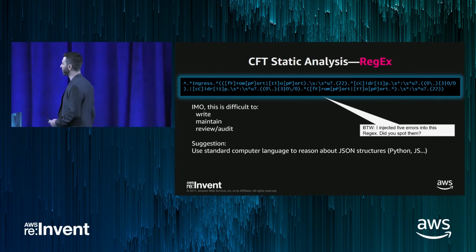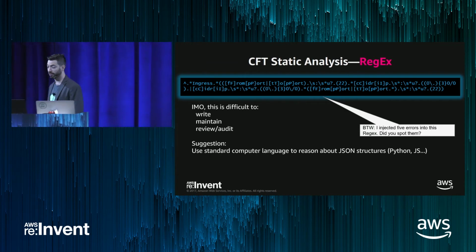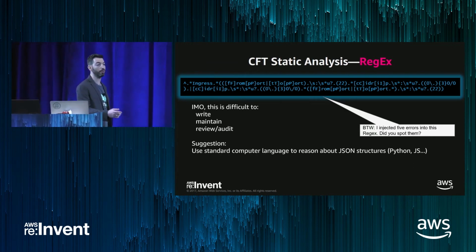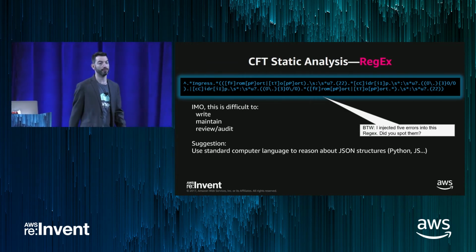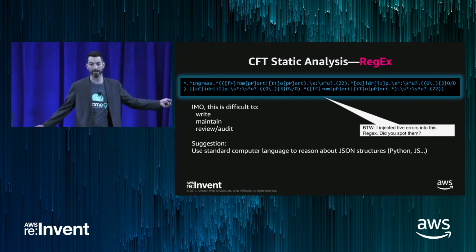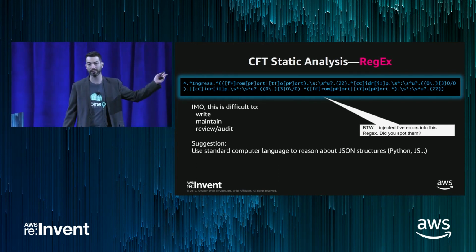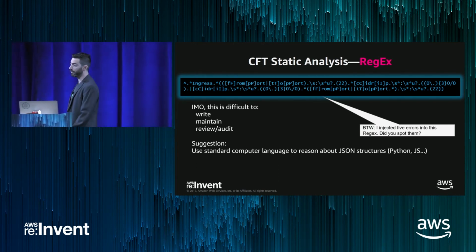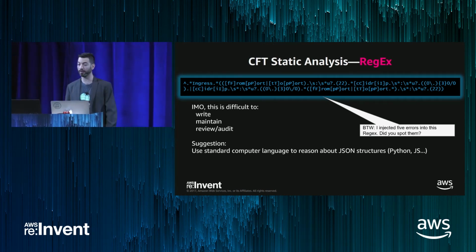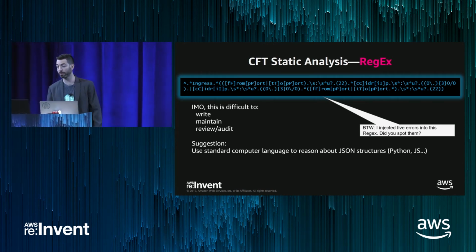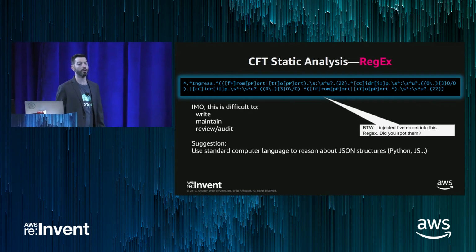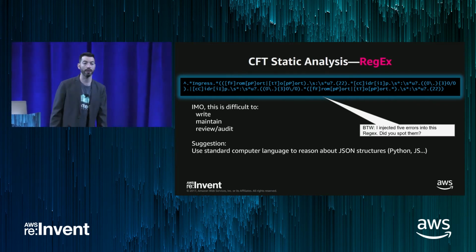So the suggestion here, actually it's multiple suggestions. Don't use regular expressions to reason about JSON. That's nice on paper, but it's not maintainable. So either use a general purpose language, JavaScript or Python, or even some community projects.